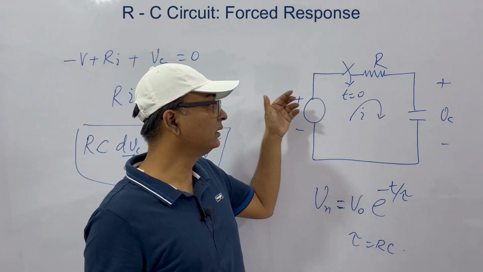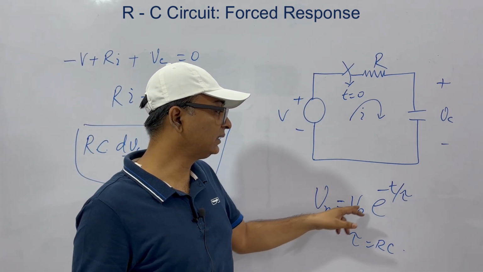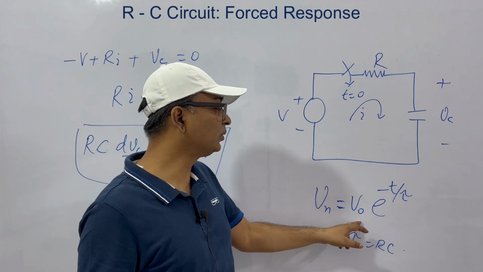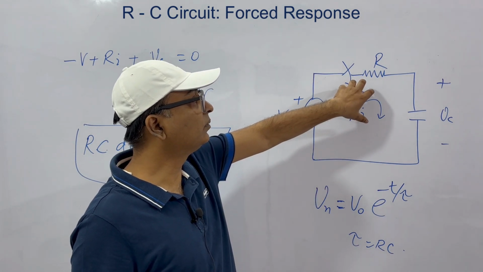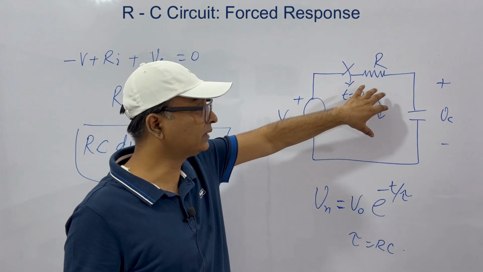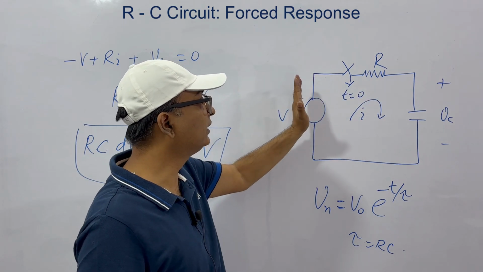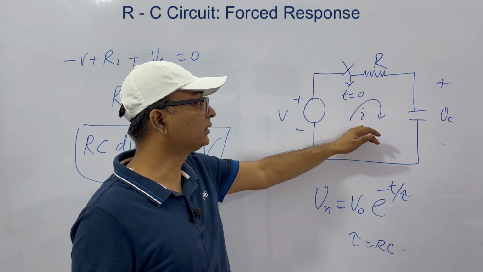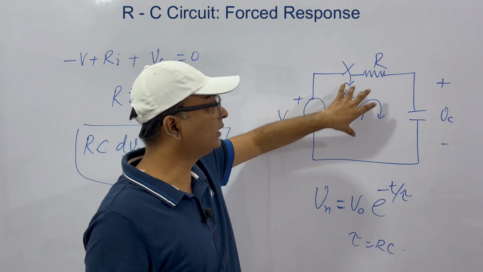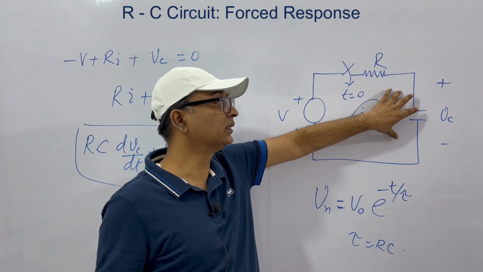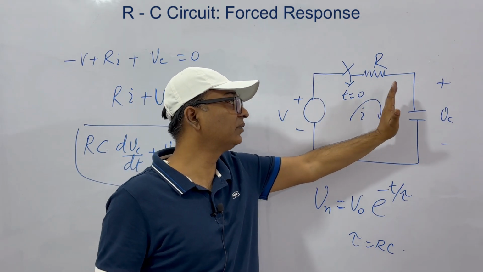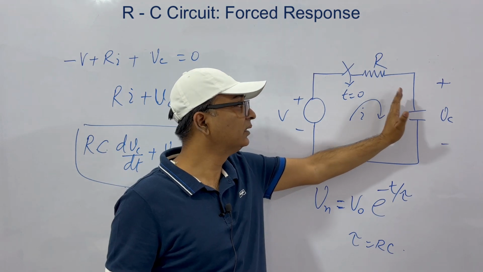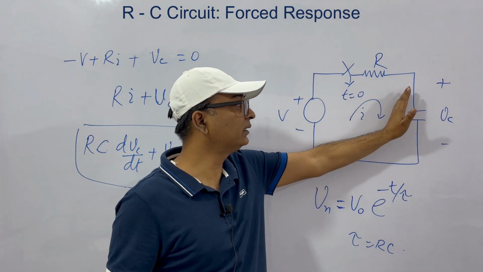Also you can see that after a sufficiently large time, that is t equal to infinity, this current stops and this voltage actually appears across the capacitor. That is, the voltage that you will have here will be at this point.